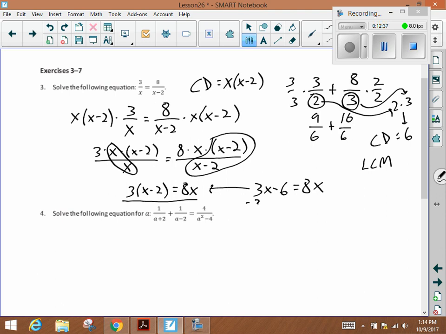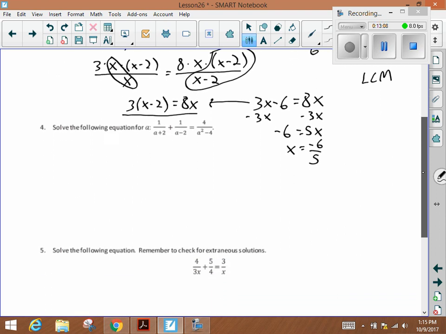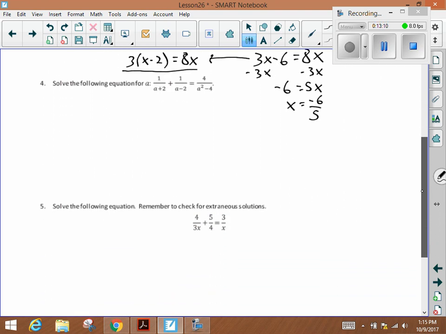I subtract 3x from both sides, and I get negative 6 is equal to 5x. And when I divide both sides by 5, I get that x is equal to negative 6/5. And really, that's not laziness, that's just being efficient. That's just figuring out what the trick is. If you figure out what the trick is, life is so much easier in so many different ways.